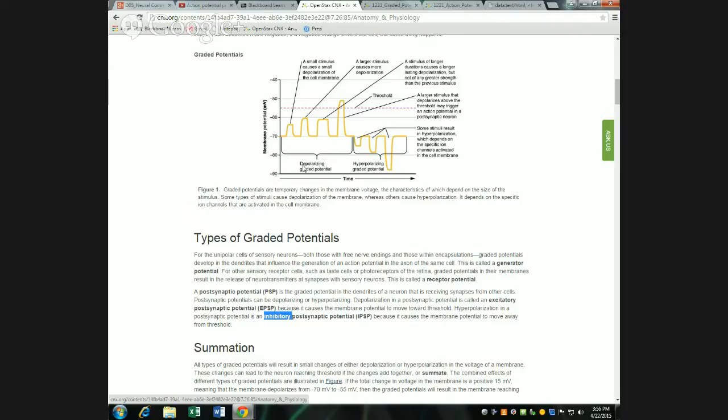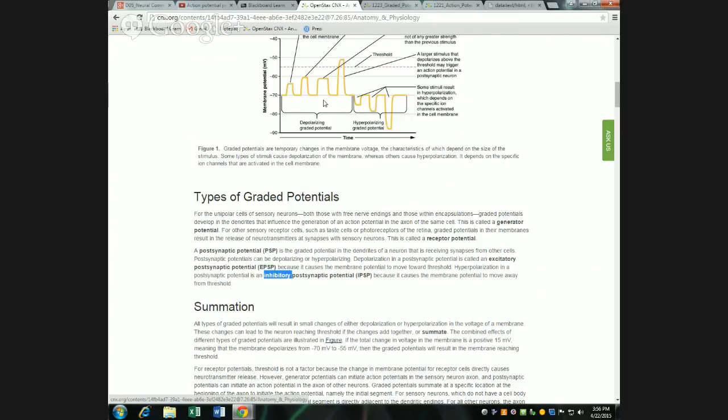So a depolarizing graded potential that happens at a synapse is an excitatory postsynaptic potential. And a hyperpolarizing graded potential that happens at a synapse is an inhibitory postsynaptic potential. So just giving those things names.